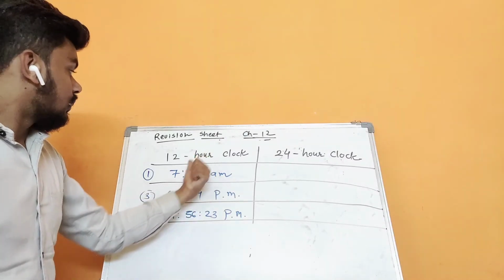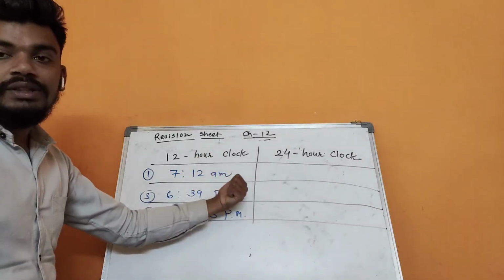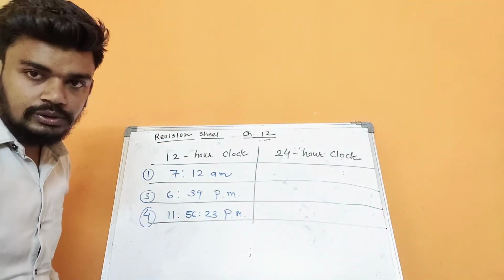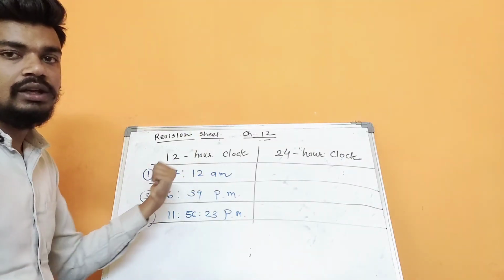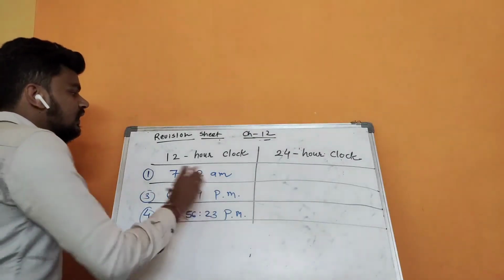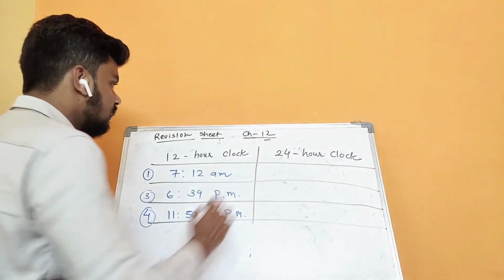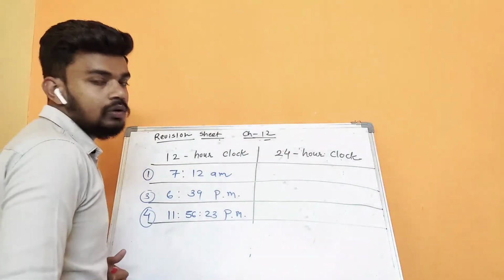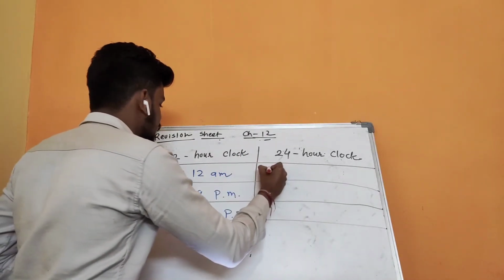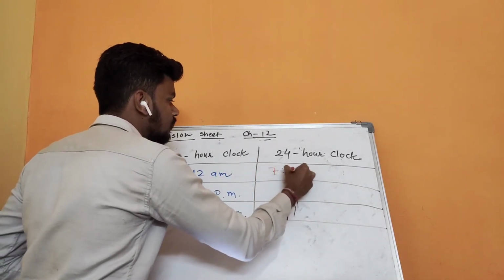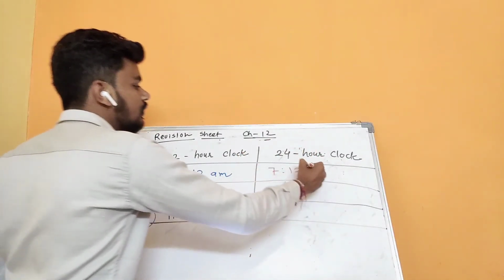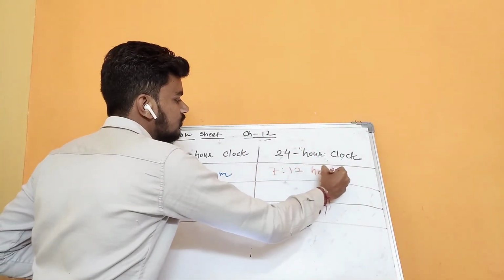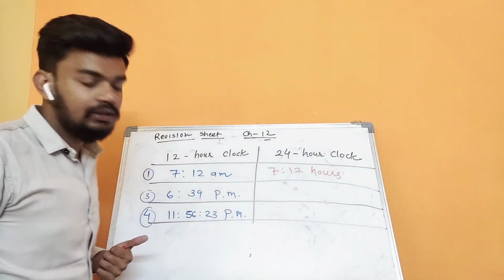So this a.m. means it's a time before the noon, before 12 o'clock. So this time is the same in the 24-hour clock also. So the answer is 7:12, but instead of a.m. we have to write hours in the 24-hour clock, right?